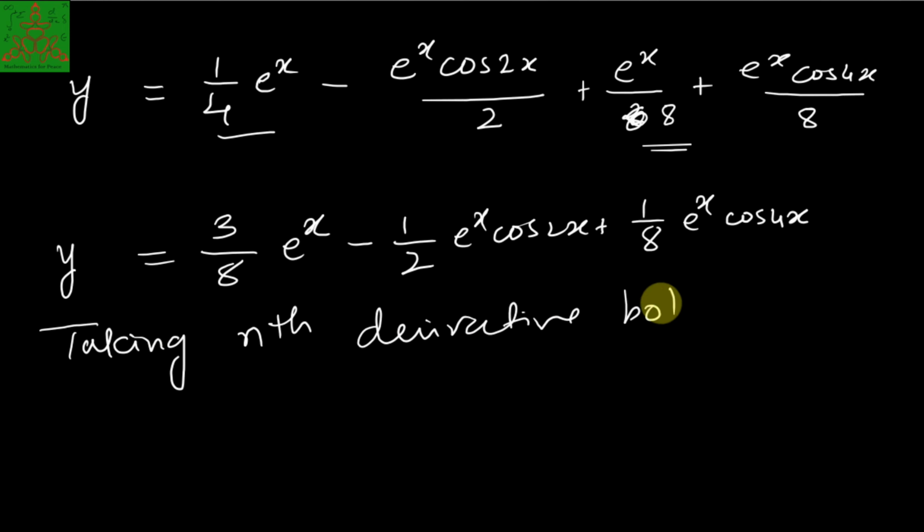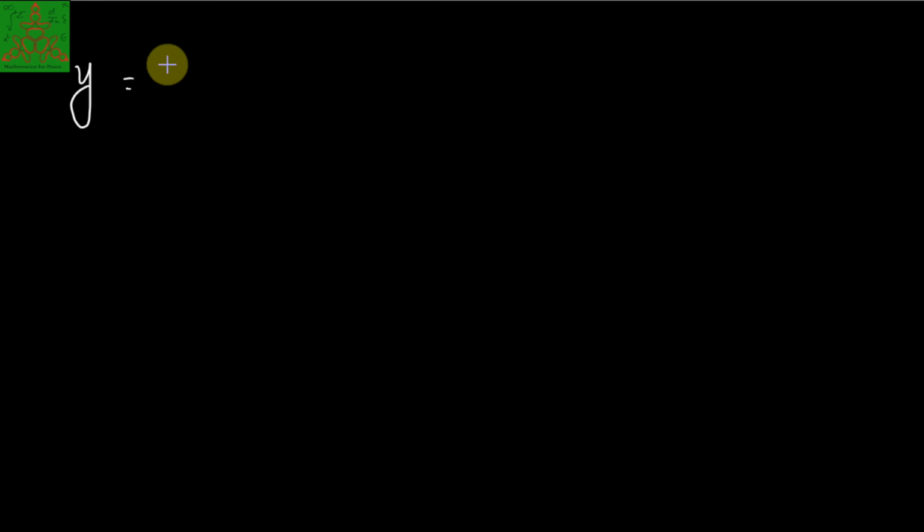both sides, let us see what we get. The nth derivative of this: 3 by 8 is a constant. Derivative of e power x is e power x itself. So any derivative of e power x is itself, so it is e power x as it is. And let us recall the formula of y equal to e power ax into sine bx plus c.